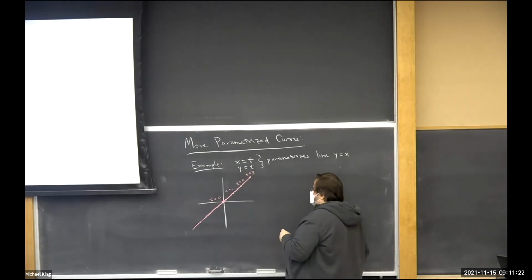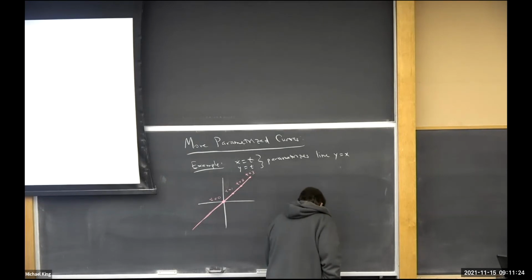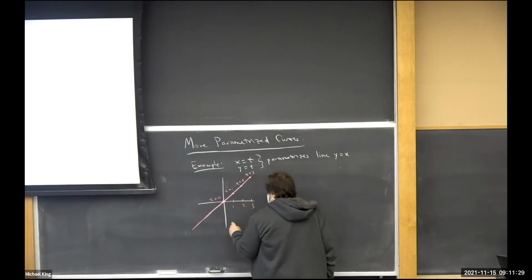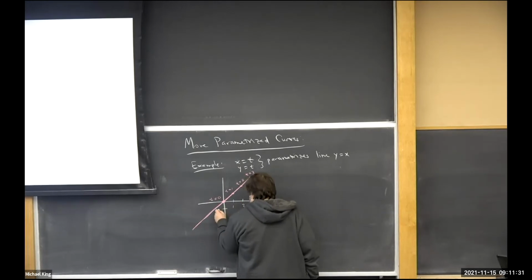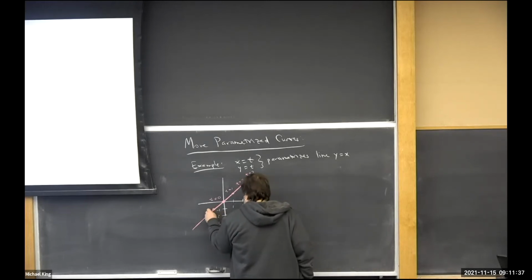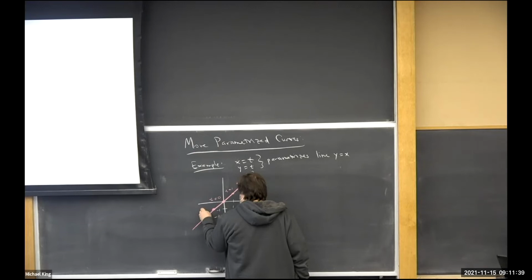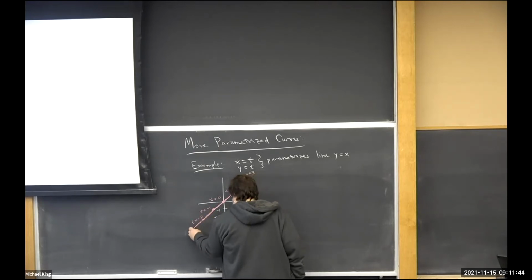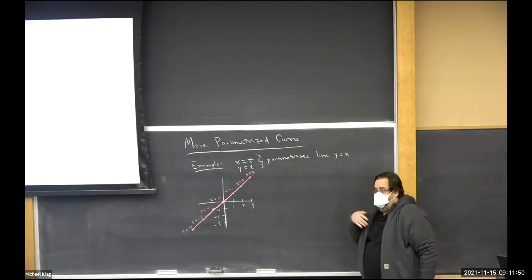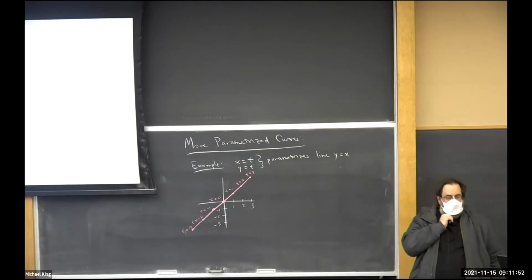If we say this is 1, 2, 3, -1, -3, then I could also label points along here. This would be t is -1, t is -2, and then t is -3. So you can think about how the parameterization actually traces out the curve by labeling.